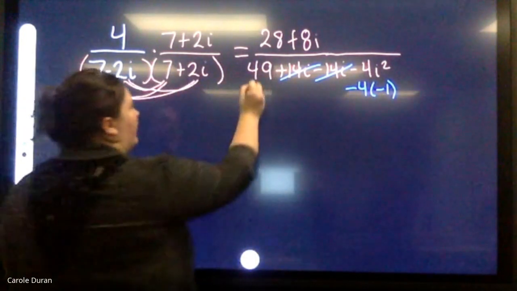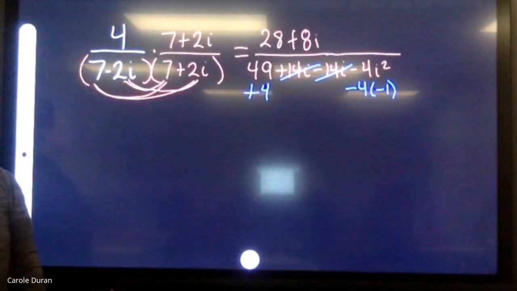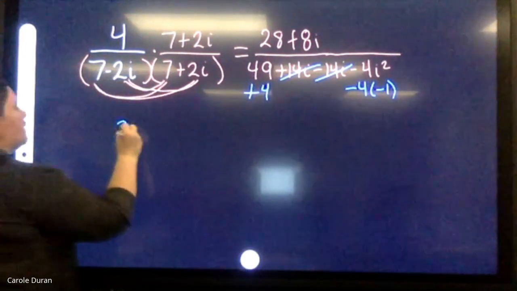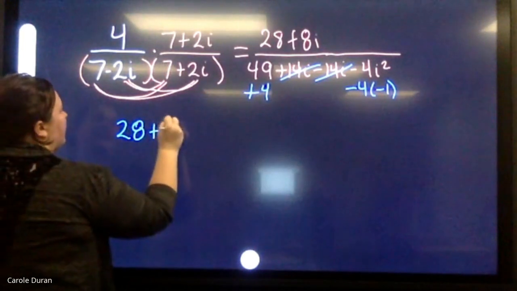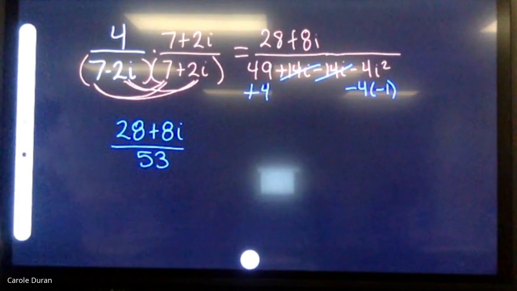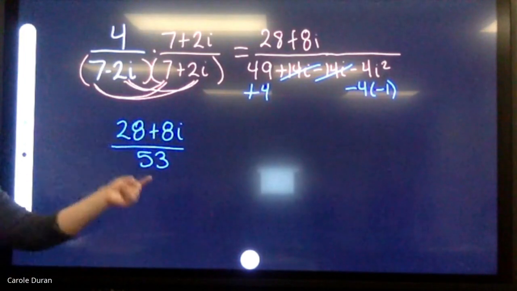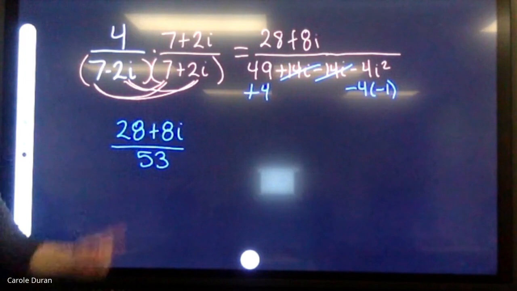Positive 4, which I will then add to the number I had at the front. So what I have now is 28 plus 8i over 53. The last thing I would check for is, can I take a number out of 28, 8, and 53? No. So this is simplified.